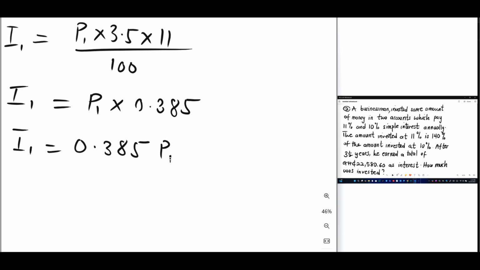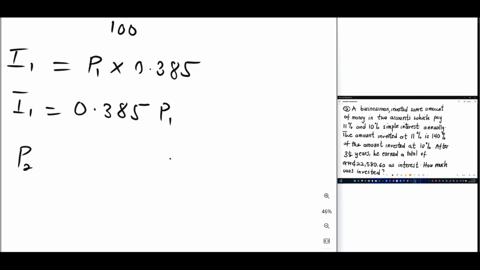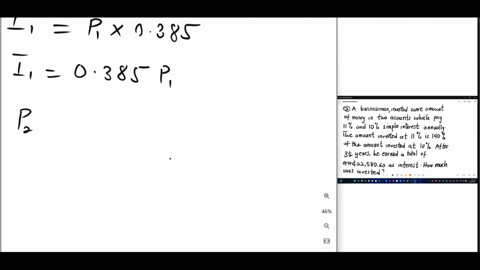Now, we need to get the two interests so that we add them to get our total interest. So we take the second principal, P2, so that we can find the interest earned on the second principal. We indicate this with I2. So I2 will be equal to the second principal times the same time, because they have all been invested for 3.5 years, at a rate of 10%.